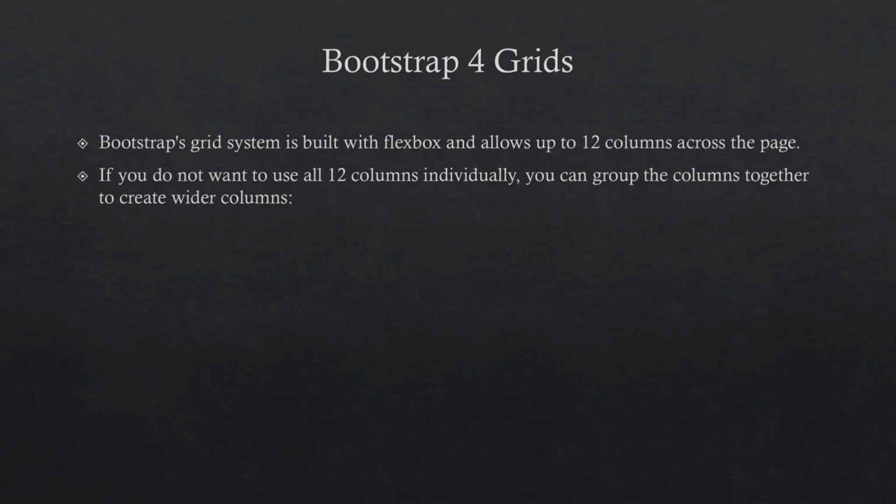So when we use Bootstrap, the whole screen or page is divided into 12 columns. If you would like to use wider columns, then you can group those columns together and use them. In the later part, obviously we'll check how to use this grid.